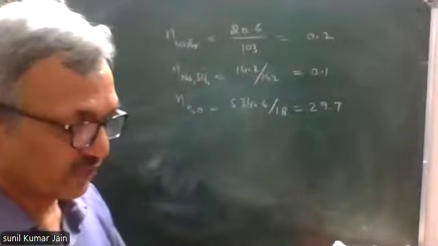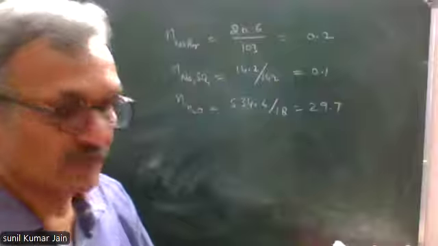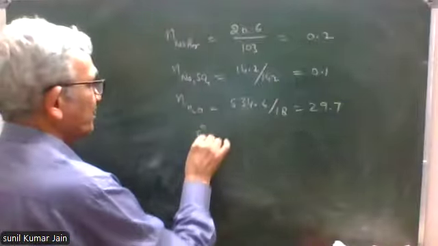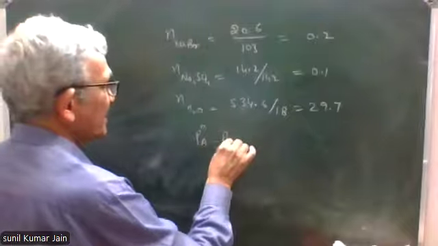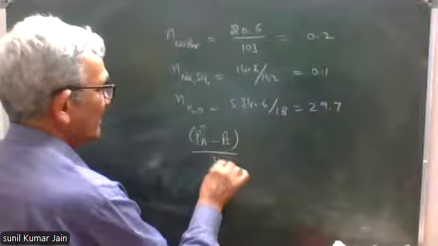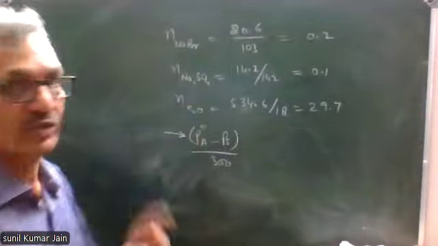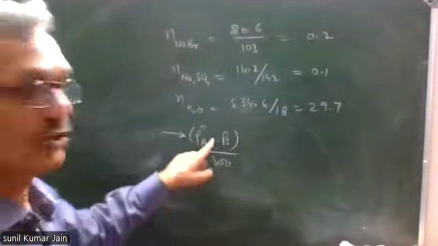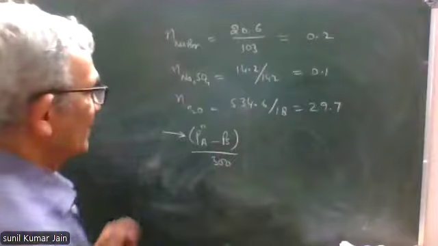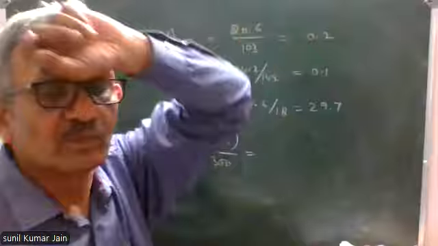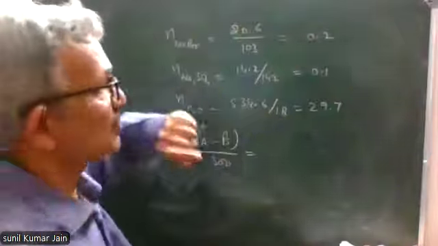Now we have to calculate lowering in vapor pressure. P naught of water is given, 300 millimeters. So P naught A minus PS divided by P naught. Numerator is lowering in vapor pressure, so numerator will be the answer. It is equal to, we'll have to add mole fractions of both the solutes.